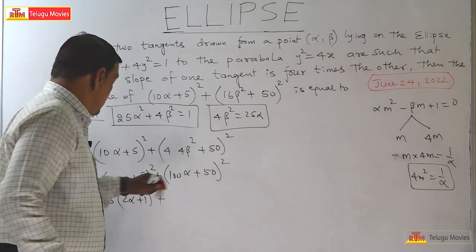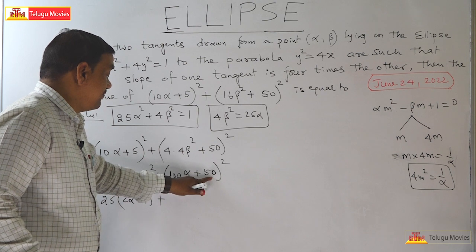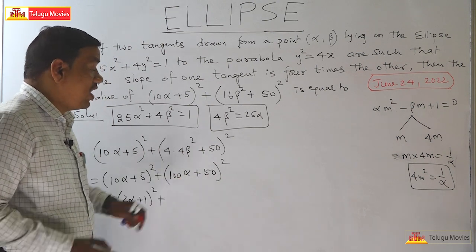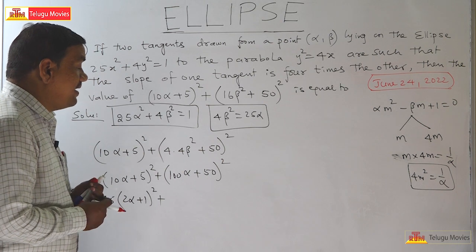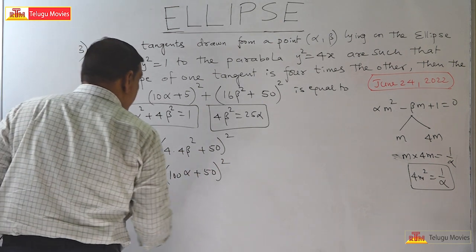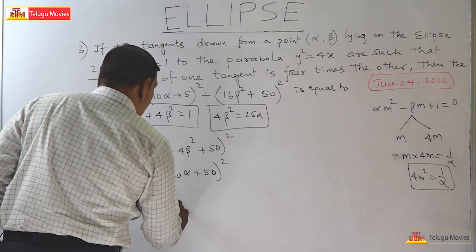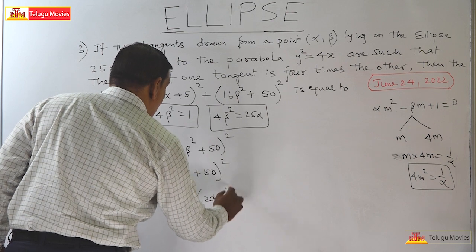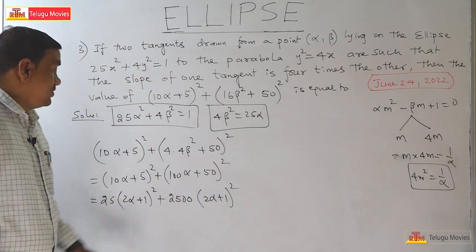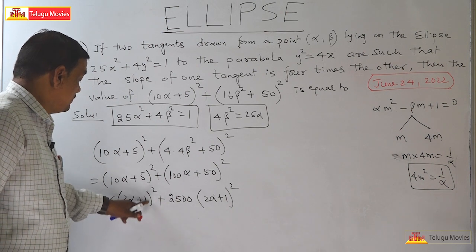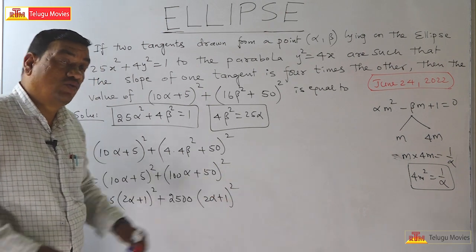Here also you take 5 common, so that 25 comes. Let us take 50 common outside. So this is 2500 into 2 alpha plus 1 whole square. Very nice. So take 50 common outside.